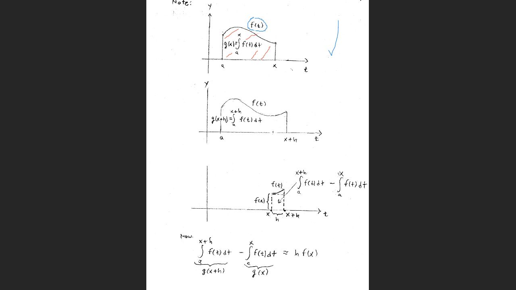Well, since your limit goes from lower limit a to upper limit x, the area under the function f of t would simply be this integral, the integral from a to x of f of t dt. But I'll call that g of x. So that's why I write that inside the area, just so you can see it's area. All right, so let me give you a moment to copy that first picture down before I talk about the second picture.